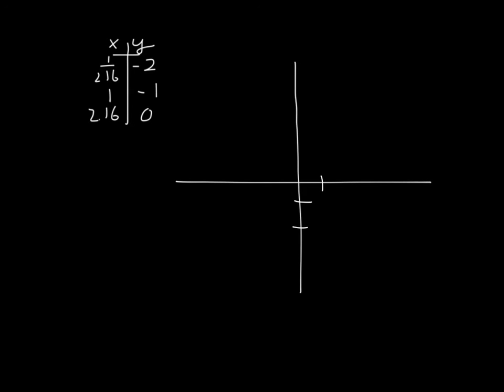So this one is 1 over 216, negative 2. Well, 1 over 216 is barely over to the right and then straight down negative 2. And then we have 1, negative 1, which is right here. And then we get 216, 0, which I really can't graph. It's going to be way over here, way farther than this.